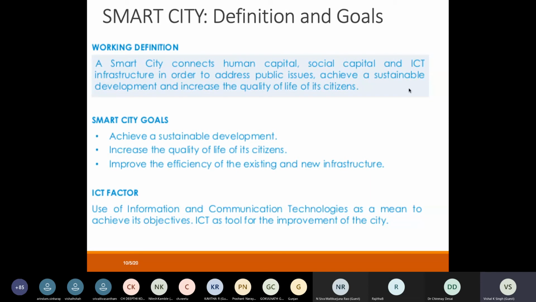So it is quite fundamental to discuss these two things, because without proper knowledge of these two concepts, the concept of smart city might not be very clear by the time this session ends.